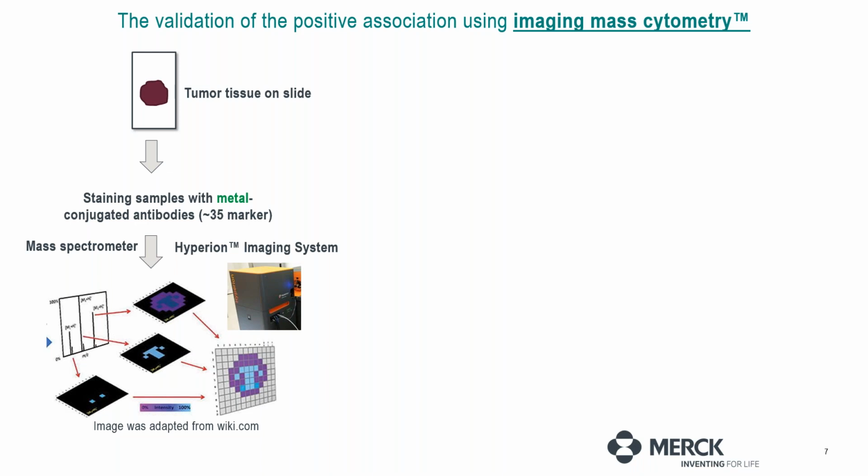The only difference is that instead of using fluorophore-conjugated antibodies, we use metal-conjugated ones. The slides were then scanned by a mass spectrometer, and here we're using the Hyperion imaging system. The spatial distribution of markers of interest is visualized by the intensity of the corresponding conjugated metal.